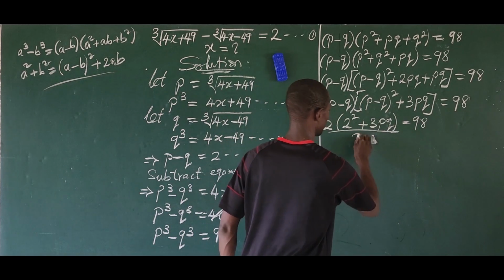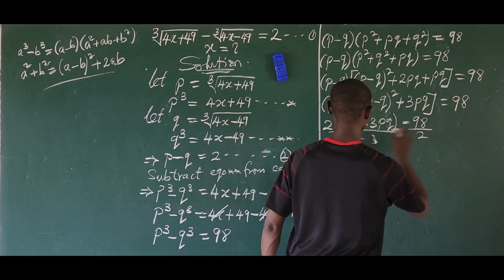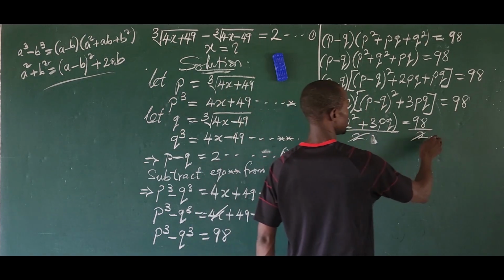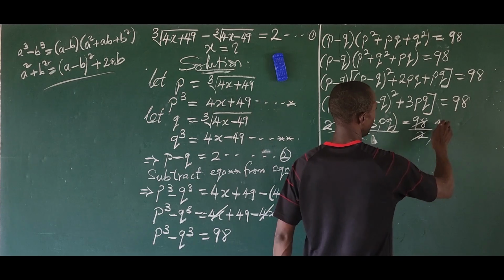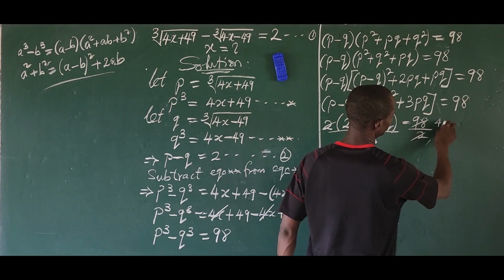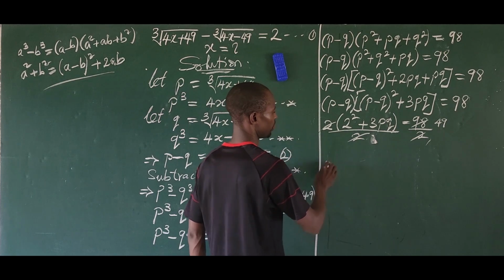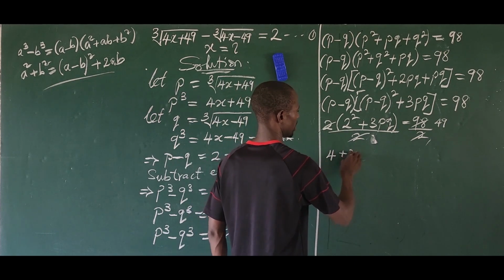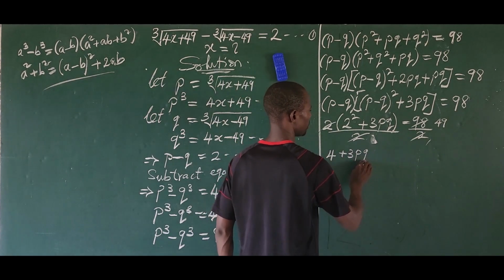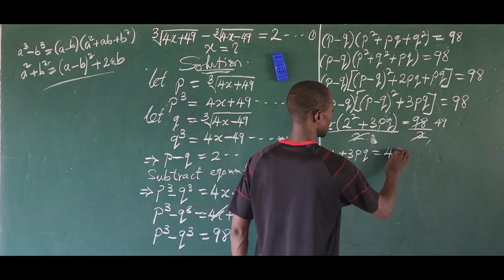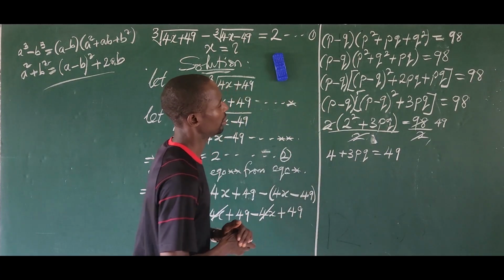Divide through by 2, and this gives us 49. So we now have 2 to the power of 2, which gives us 4, so 4 plus 3PQ is equal to 49. Wow.